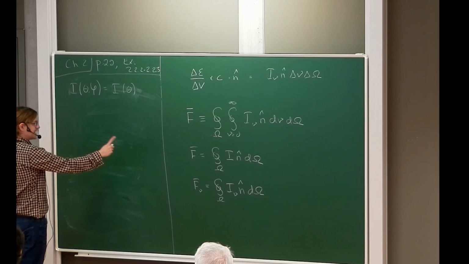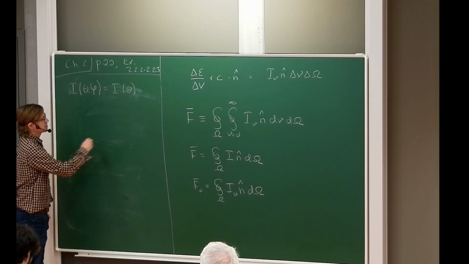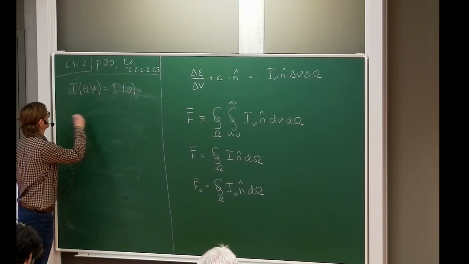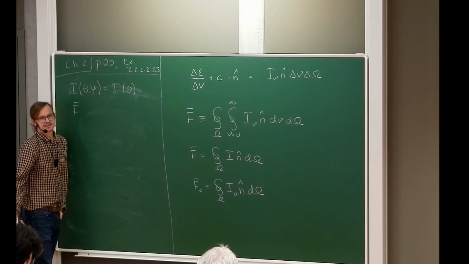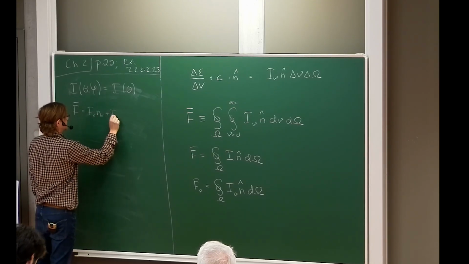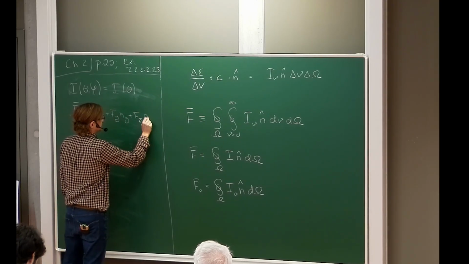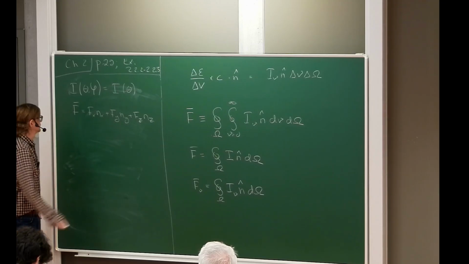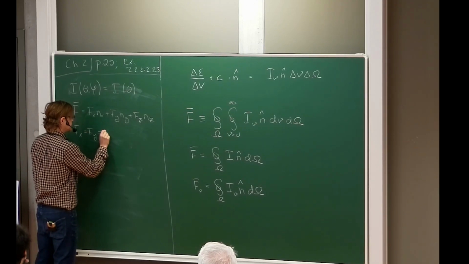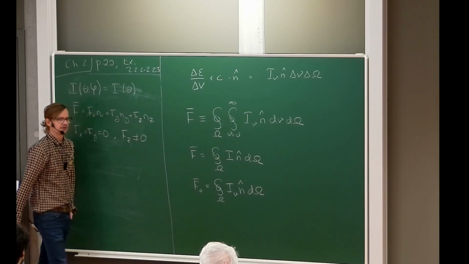Not of phi, it's azimuthally symmetric. And then we're going to show that in a Cartesian coordinate system, where you can write the flux as Fx x hat plus Fy y hat plus Fz z hat, Fx equals Fy equals 0, but Fz is not necessarily 0.